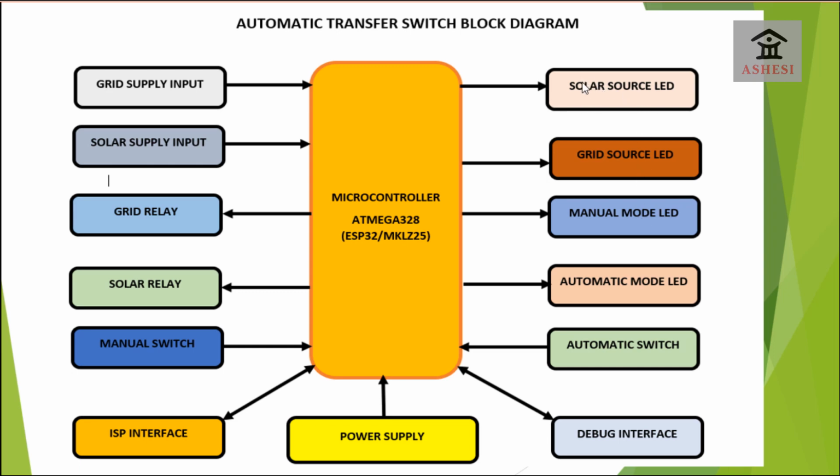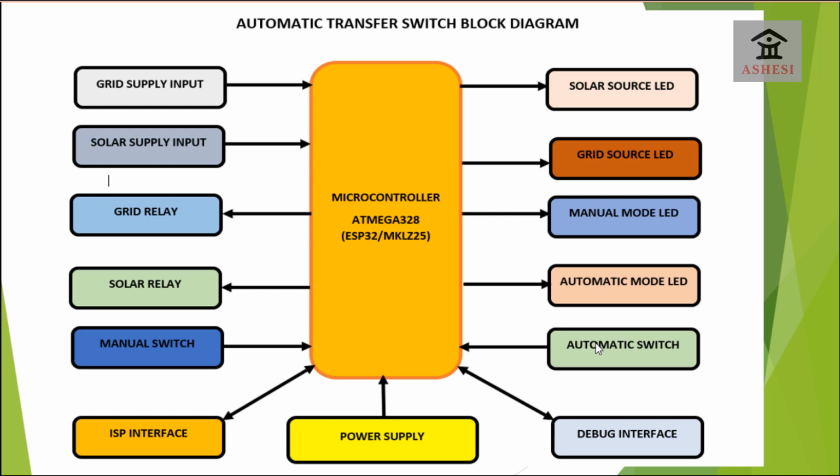The first one is the solar source LED. This one indicates that solar power is available. The second one is the grid source LED, and this indicates that the grid source is also available. The third one is to tell us whether the system is in manual mode or automatic mode. And then the next one is the automatic mode, which is also an LED to indicate that it is in what? Automatic mode.